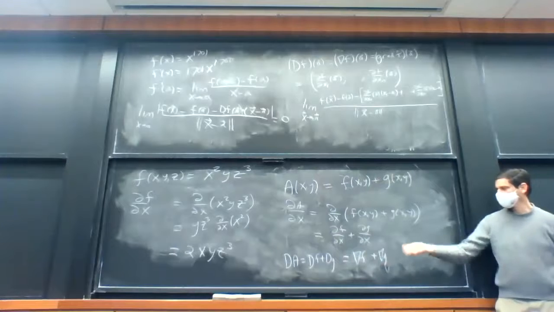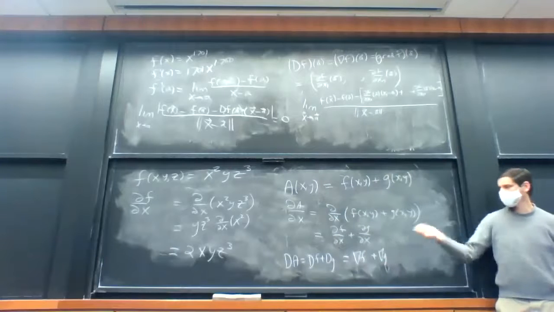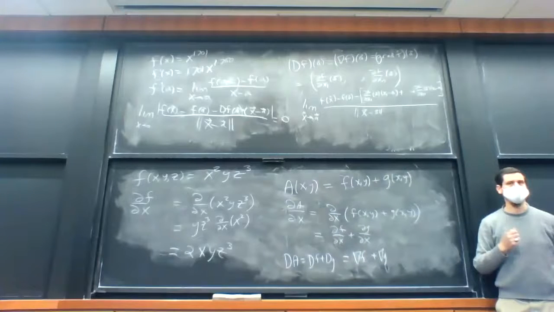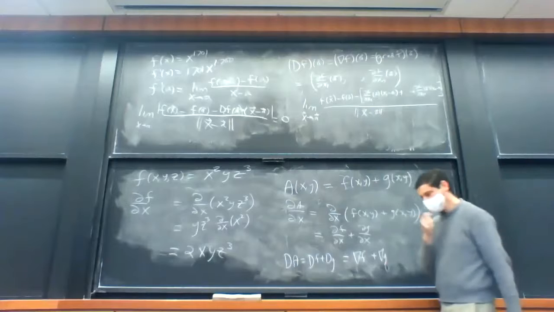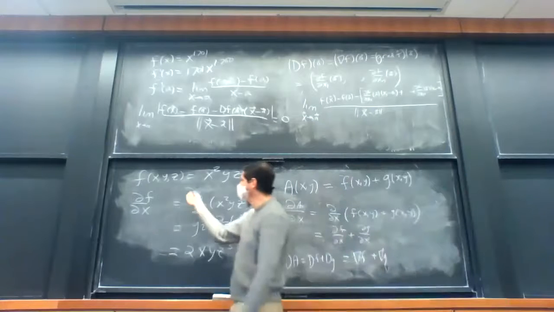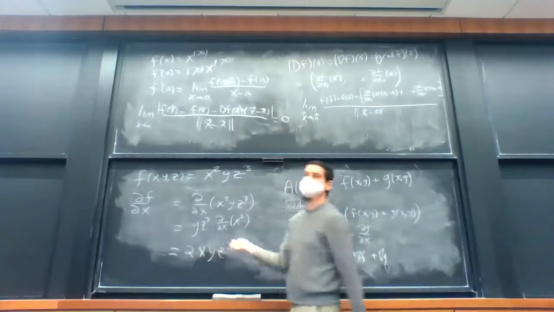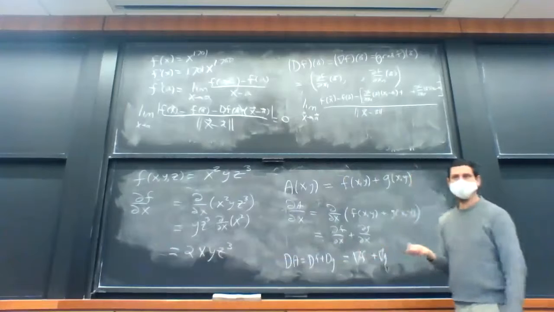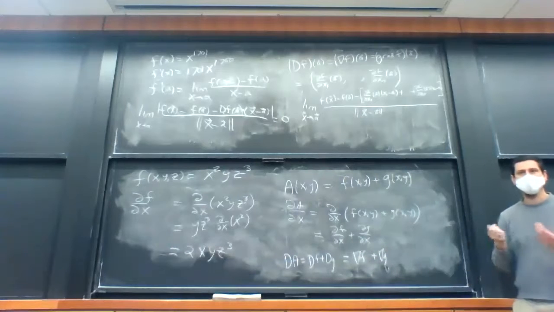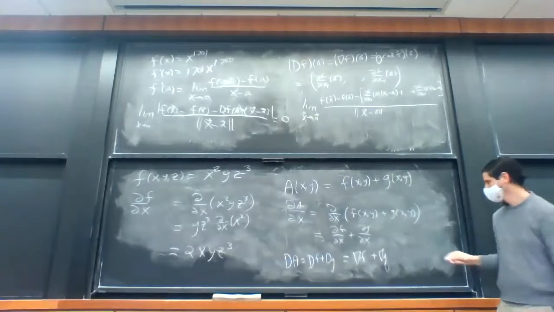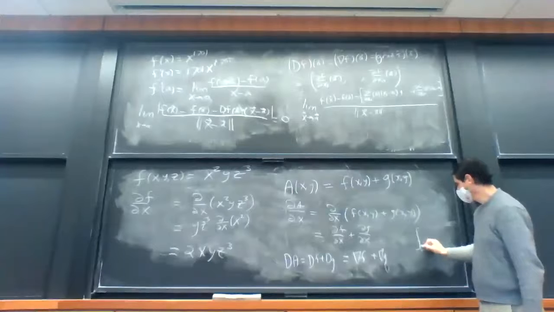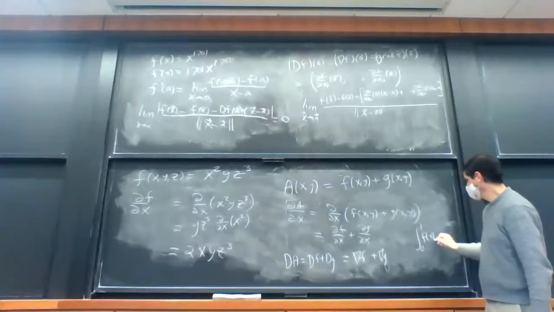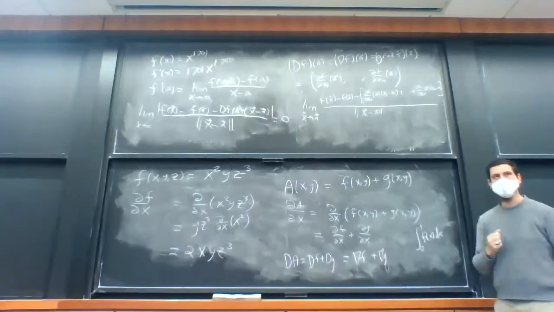Sometimes, in a little bit of an abusive notation, we don't write the point at which we're evaluating this. And frequently what you might do is you will have x, y, and z be your variables, and you will evaluate the derivative at x, y, and z. Usually it doesn't cause too much of a confusion. In Calc 1, I give you the integral from 0 to 1 of f of x dx.